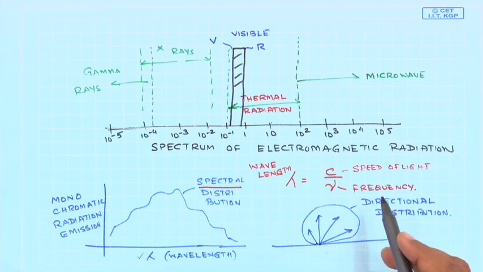If the medium through which the propagation takes place is vacuum, then that c is going to be the speed of light in vacuum. So, the dependence between the wavelength and frequency is simply an inverse relationship with a constant, which is the speed of light in vacuum.